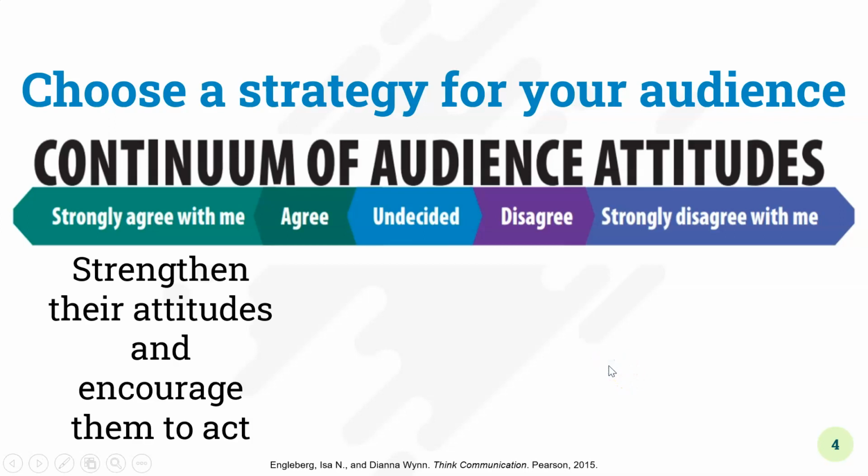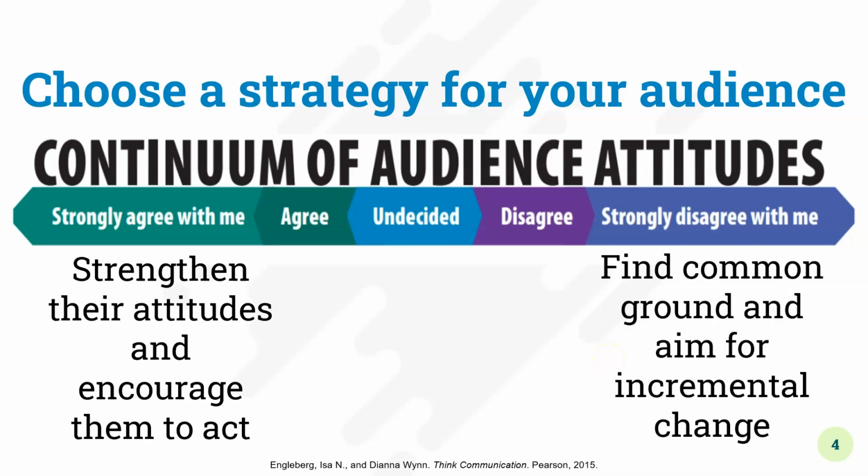So if they agree with you, in your persuasive speech, what you want to do is strengthen their attitudes. So tell them what they already know, give them some new information to enforce that, and encourage them to take action. Now over here, if they're undecided, what you really need to do is find some common ground.